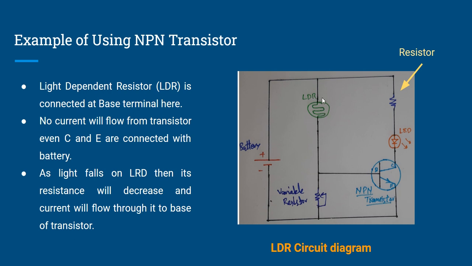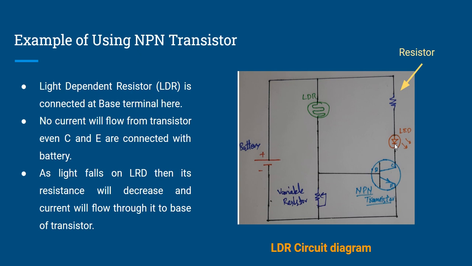In daytime this LDR will allow the current to flow from here and go to the base, and then the collector to emitter terminals will be working, and the current will flow through the LED and it will glow.